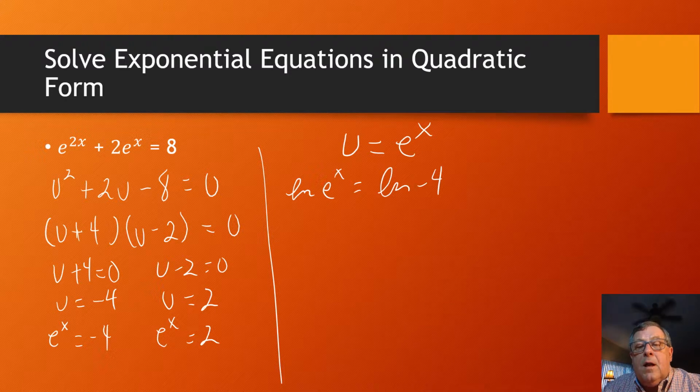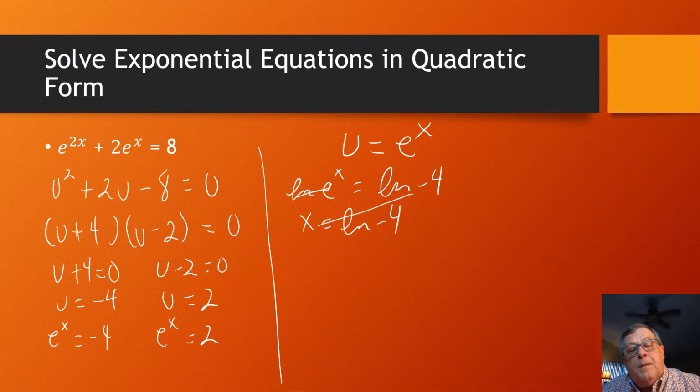I can't take the log of a negative number. The e and the ln cancel, so I got x is equal to the natural log of negative 4, but I can't take the natural log of negative 4. In fact, if you put ln of negative 4 in your calculator, you'll get a message that says you've done something wrong. Okay, so negative 4 is not a solution.